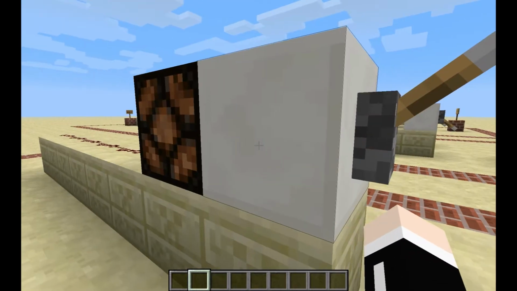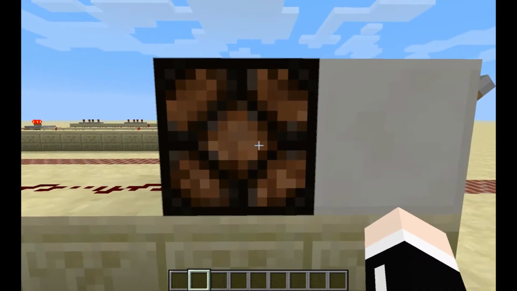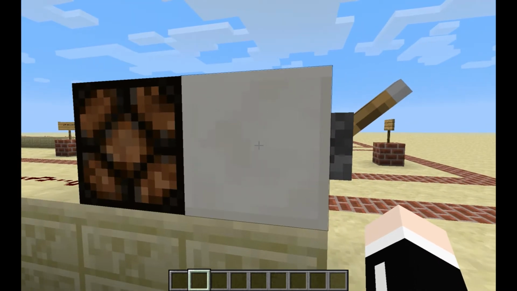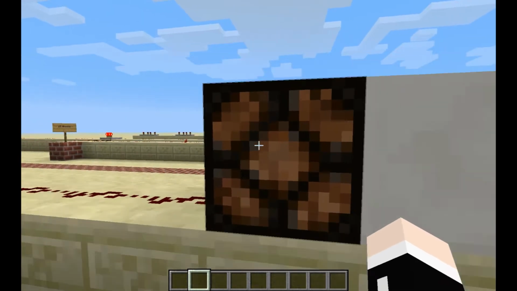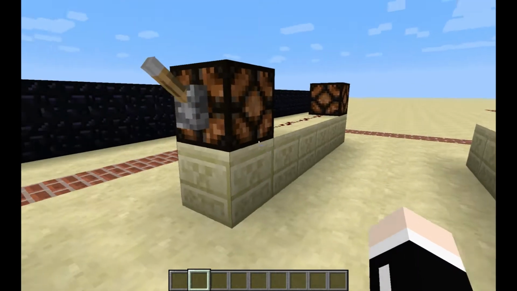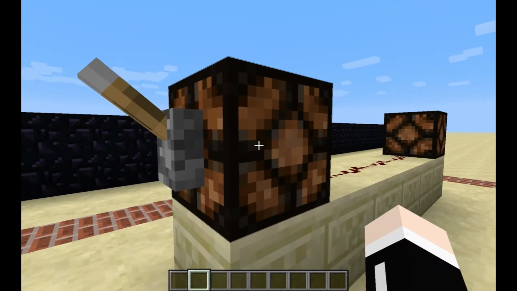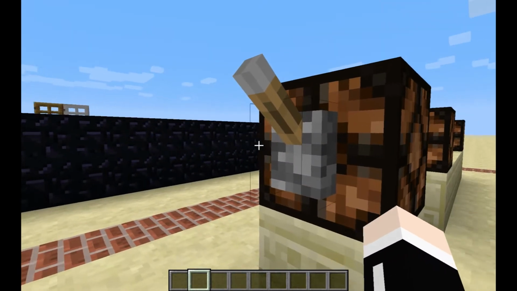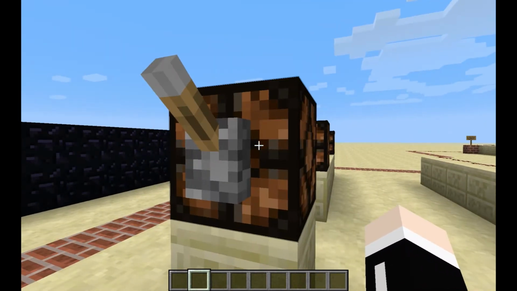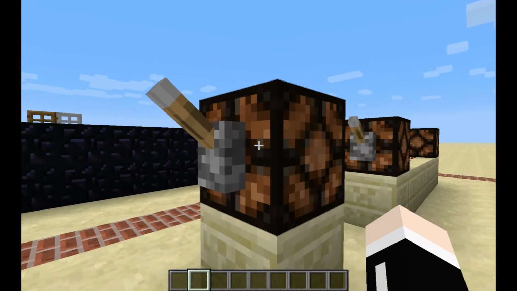If a block is getting power from a block that is strongly powered, or a block that is getting a primary power source, it is considered to be weakly powered, or again, as I like to think of it, as a secondary power source. So to see this in action, what you have here is a standard redstone lamp.